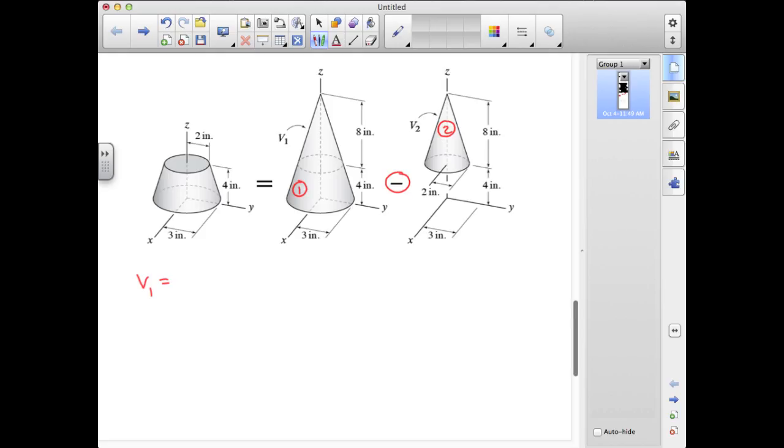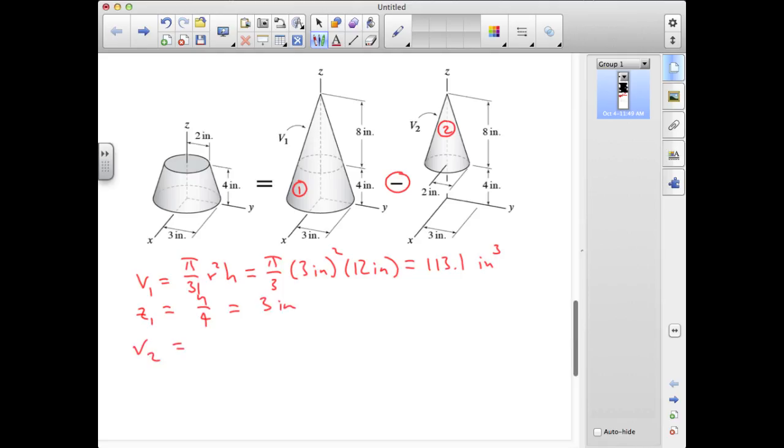Volume 1 has a volume of pi over 3 base radius squared times height, which is pi over 3 times 3 inches squared times 12 inches, and that number turns out to be equal to 113.1 inches cubed. The z component of its centroid is 1/4 of its height, and with h equals 12 inches, this ends up being 3 inches.